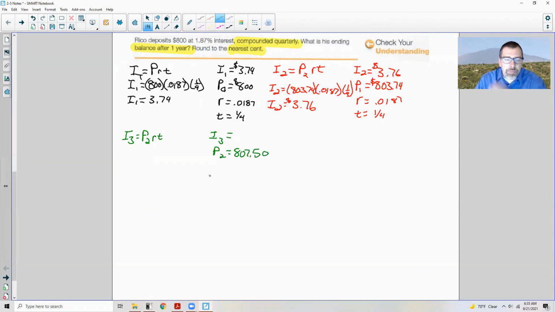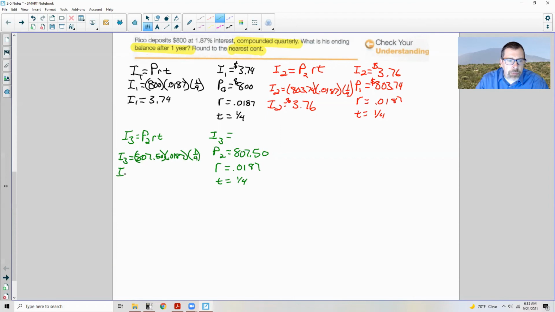807.50. Okay, rate is still 0.0187, and time is still a quarter. So I sub 3 is going to equal this 807.50 times 0.0187 times a quarter.